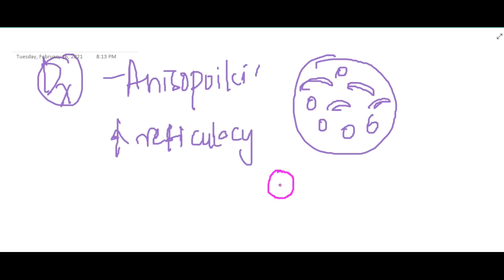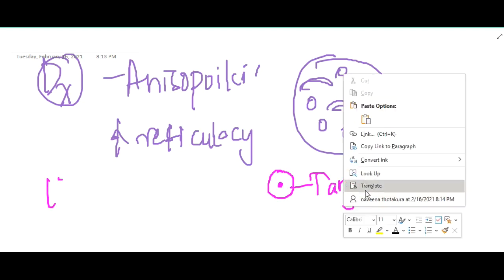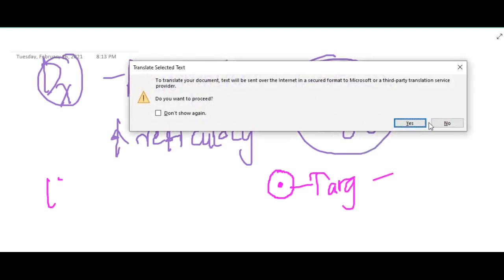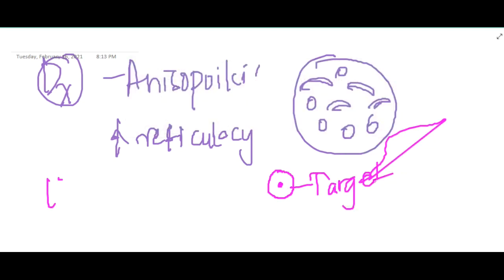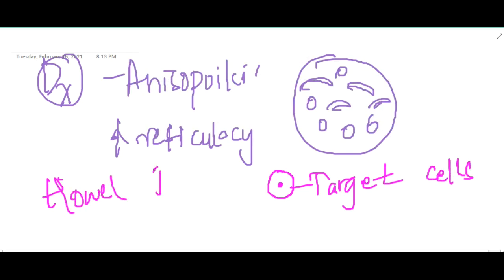So this is how the target cells look like. You will also see the target cells, and sometimes we will also see Howell-Jolly bodies due to asplenia.